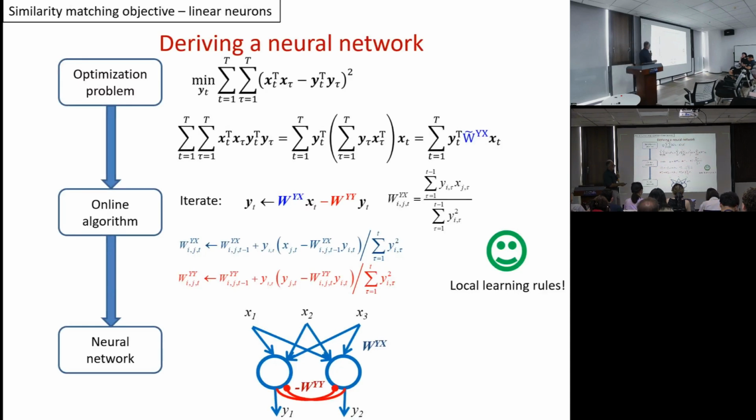Okay? And you can also check that for a single neuron, this becomes the familiar Euler rule, right? So that, if you just have one neuron, it's exactly the same thing as before because it's just the top principal component. So this is a generalization of the Euler rule to multiple channels, to multiple neurons, which preserves the locality of the learning rules. And therefore is biologically plausible.